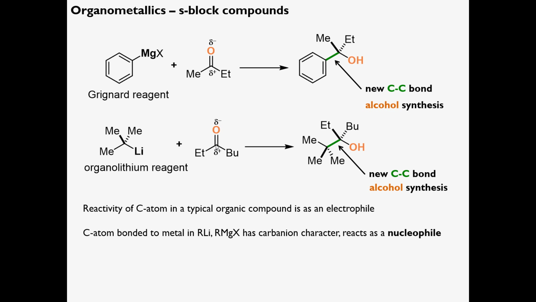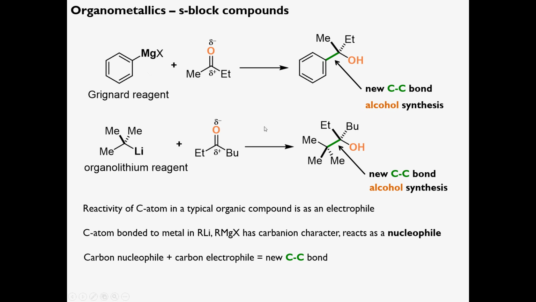But the carbon atom in an organometallic compound, such as an alkyl lithium or a Grignard reagent, has significant carbanionic character. That means it reacts as a nucleophile. They also react as bases, but we're going to focus for now on the reactivity of this carbon atom and this carbon atom as a nucleophile, not an electrophile.